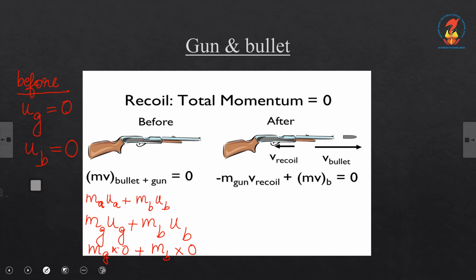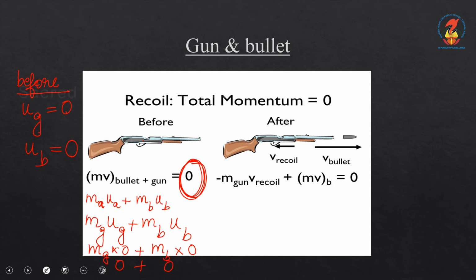Now Mg into 0 is 0, plus Mb into 0, which is equal to 0. So before collision, the total momentum is 0.